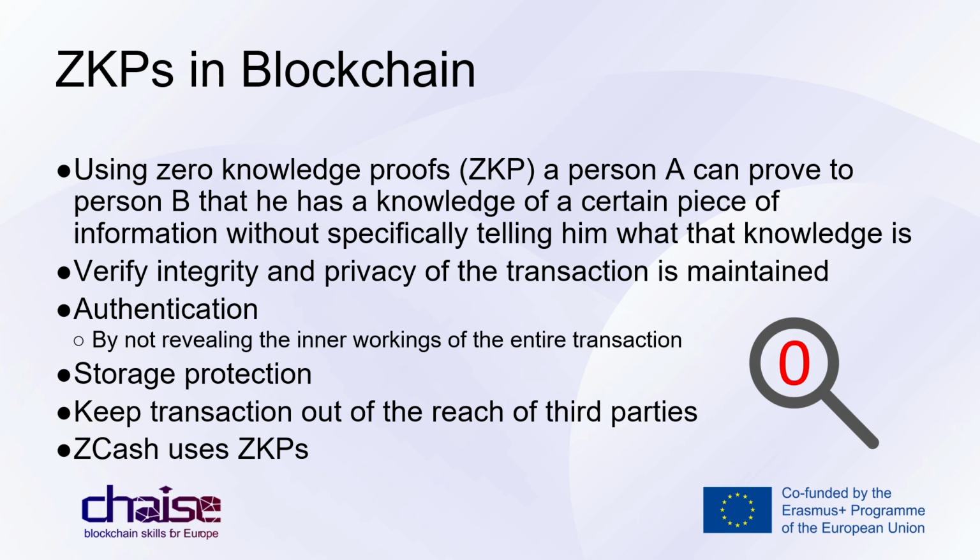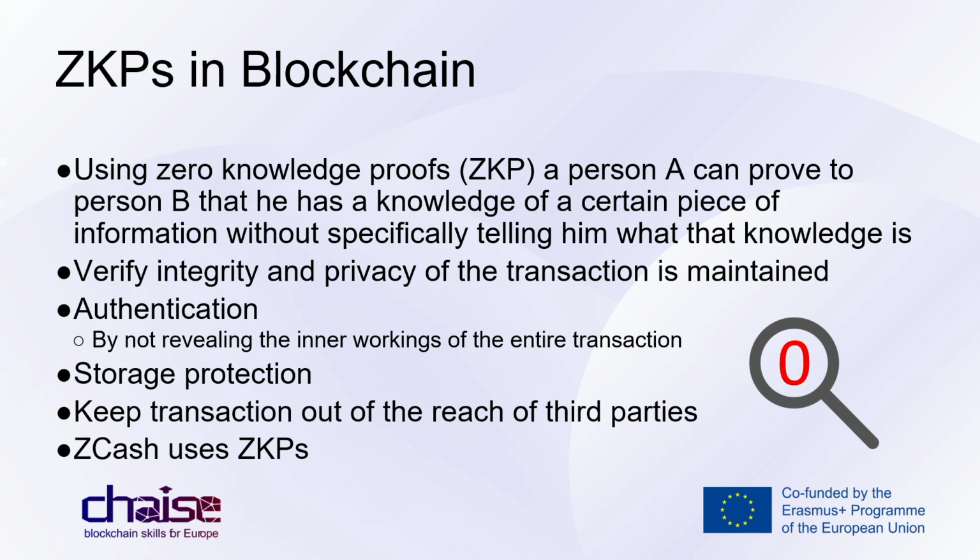Zero knowledge proof mechanisms come into play when different operations are performed within the blockchain. For example, end-to-end encryption when performing transactions, and zero knowledge proofs to maintain transaction integrity and privacy.